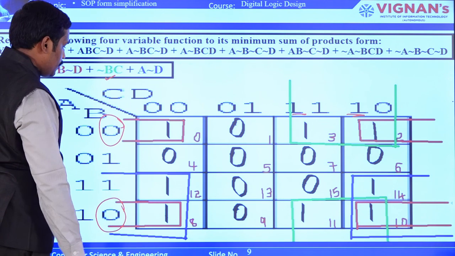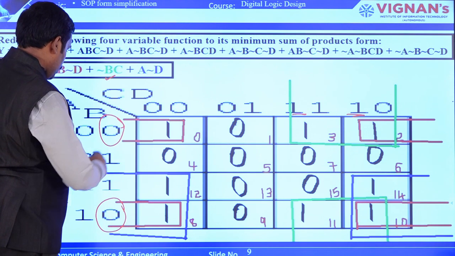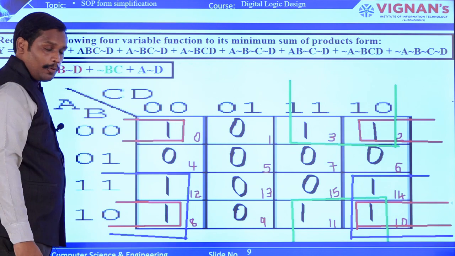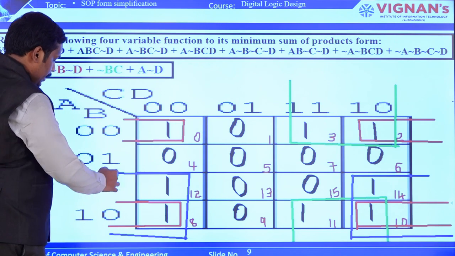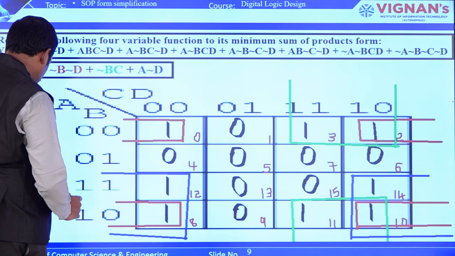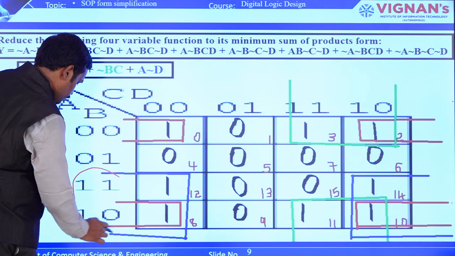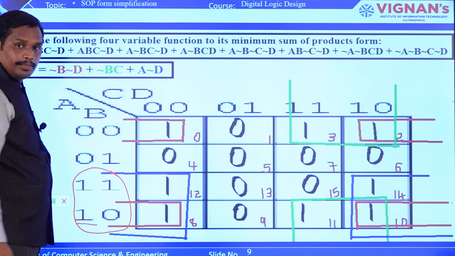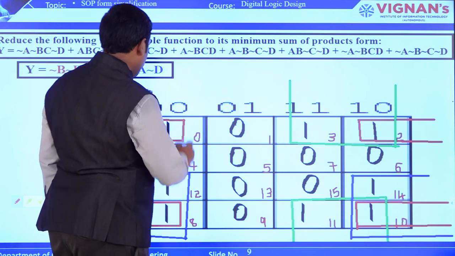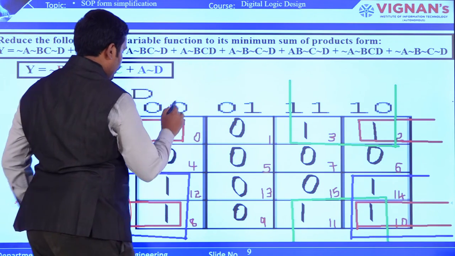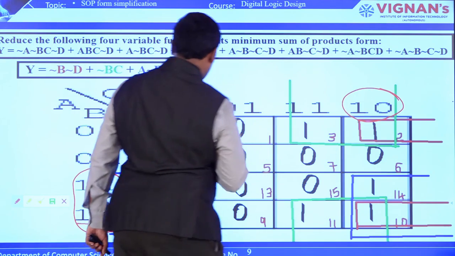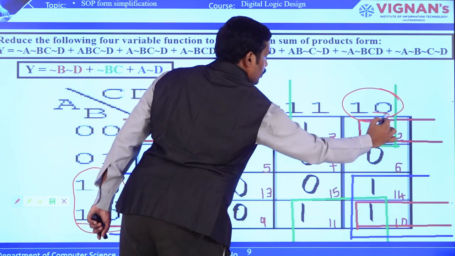And now the last one, which is marked in purple, is forming a quad group. Now in this particular group, you are going to check which is common in these two, and for these two, because this is shared, which is common, that is D bar is common.